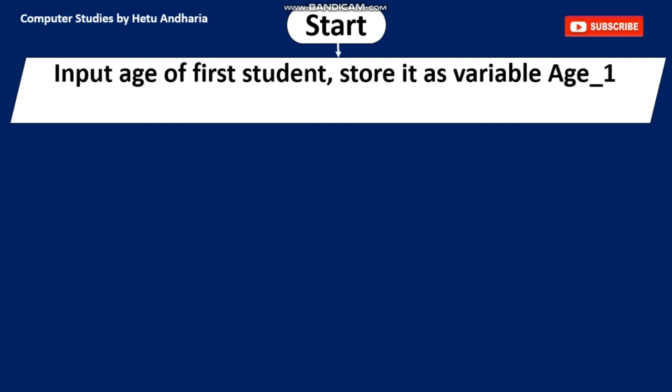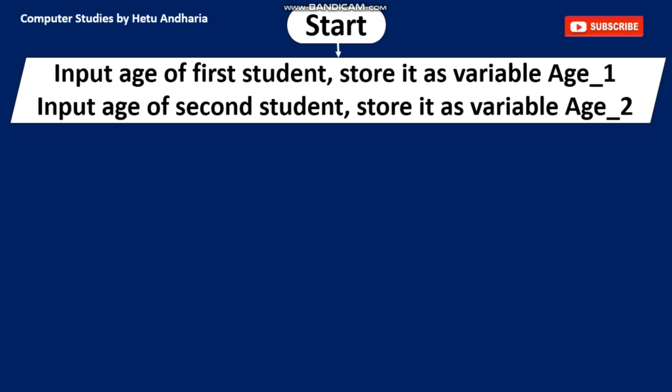Now input the age of the first student and store it as variable age 1. Input the age of the second student and store it as variable age 2, right? Now we have stored the two students' ages in the age 1 and age 2 variables.